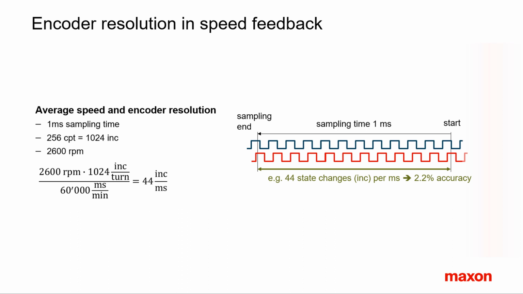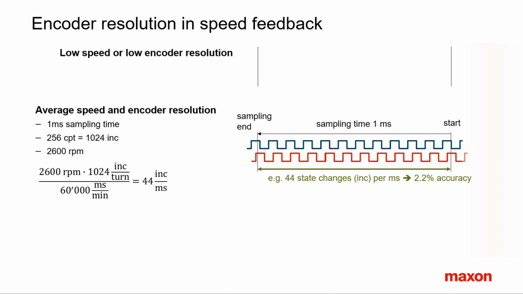A typical example could be motor speed 2600 RPM, encoder resolution 256 counts per turn, which corresponds to 1024 states per turn, and a controller sampling time of 1 millisecond. This results in about 44 increments per millisecond. The quantization of speed measurement is 1 increment per millisecond, corresponding to a speed resolution of 58 RPM, or a little bit more than 2% of 2600 RPM.